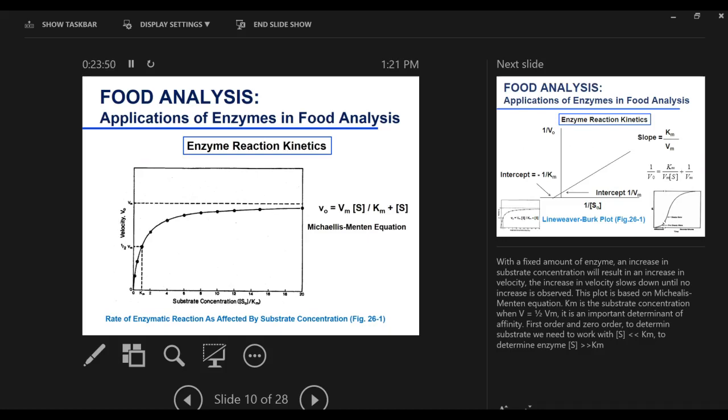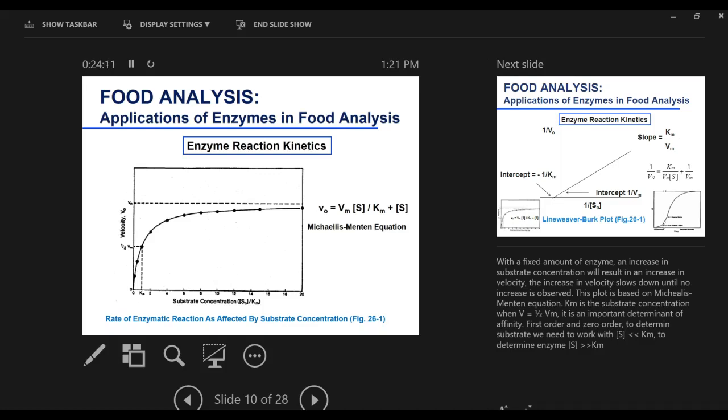Michaelis-Menten equation. So what they did is they plotted the velocity against the substrate concentration and came up with the equation of this curve. But we don't like nonlinear curves. We prefer linear curves in our calculations.